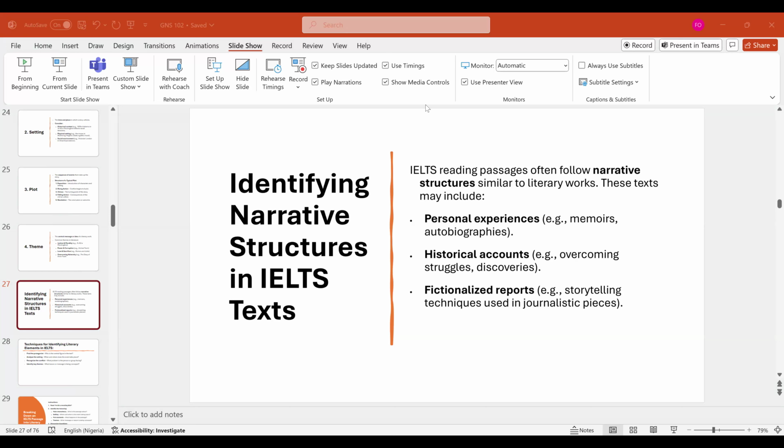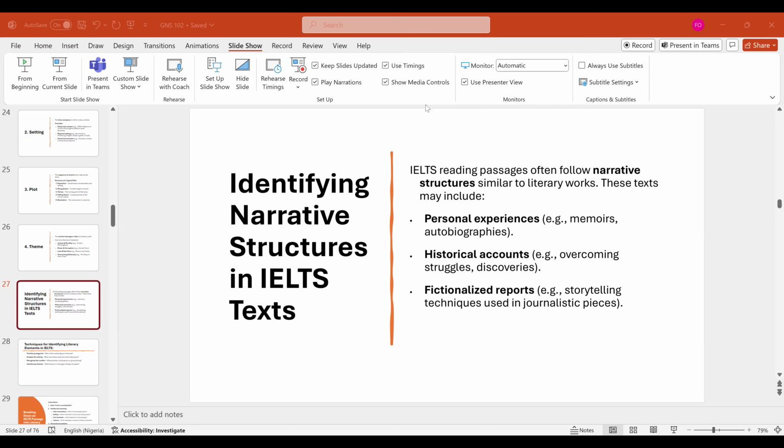So as I was saying, this is how narratives work. Recognizing the pattern helps you make sense of the passage, because if you know there's a pattern that is usually followed, it gives you some kind of preemptive knowledge.